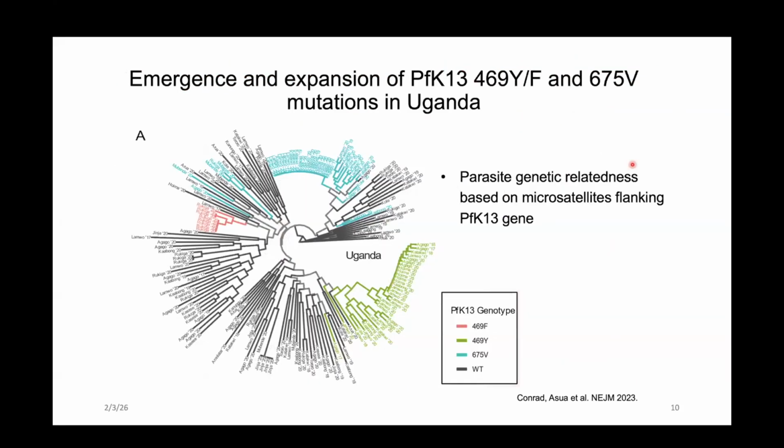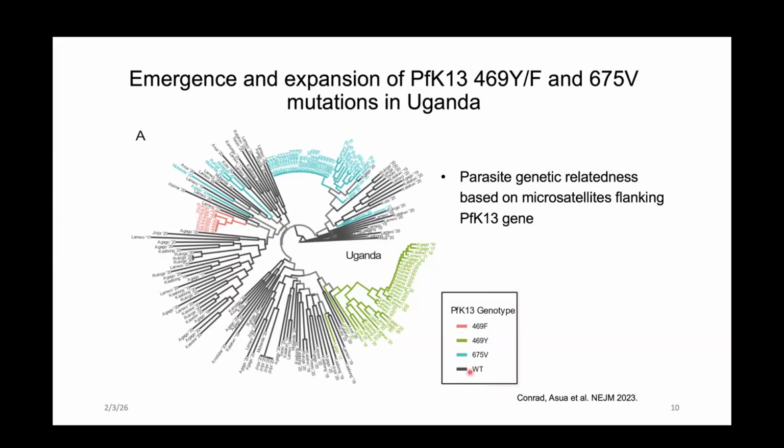Earlier on, we did a deeper study to understand the first 2 mutations I talked about, the ones at positions 469 and 675. This was trying to understand their relatedness. For this, we did microsatellite genotyping of markers flanking the K13 gene, and then analyzed parasite relatedness to see whether these parasites are all from the same genetic background or whether they are independent emergences.